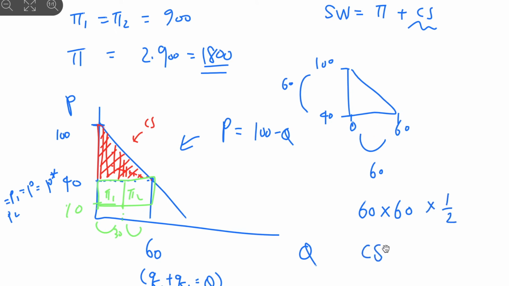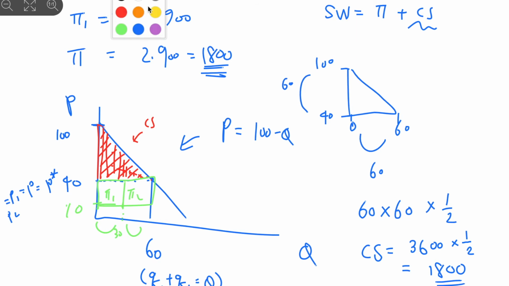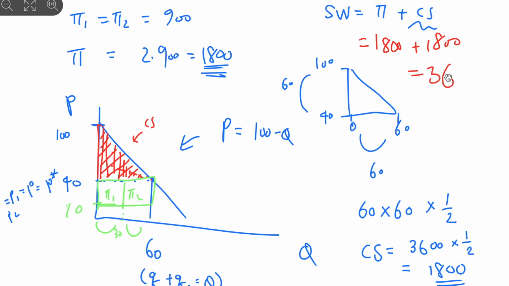So consumer surplus equals 3600 times 1 over 2, which is 1800. So we got 1800 for consumer surplus and 1800 for firms' profit. So after all, we get social welfare equal to 1800 plus 1800, which is 3600. Okay.